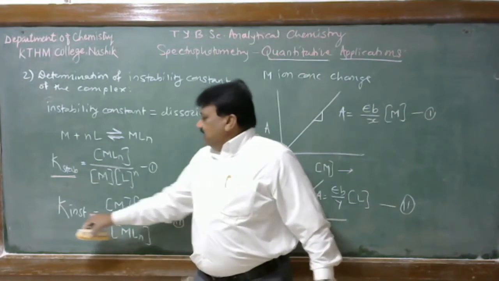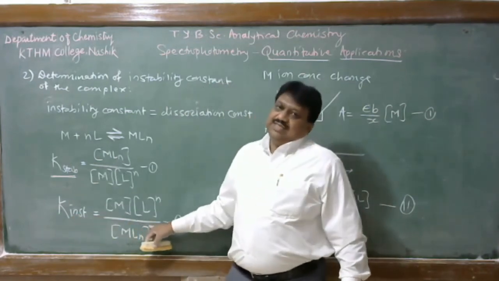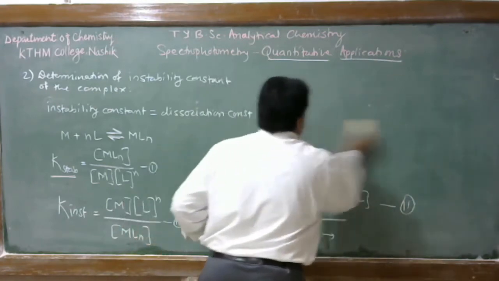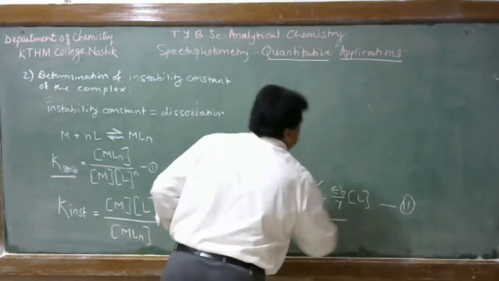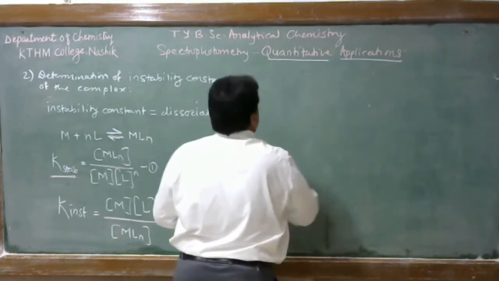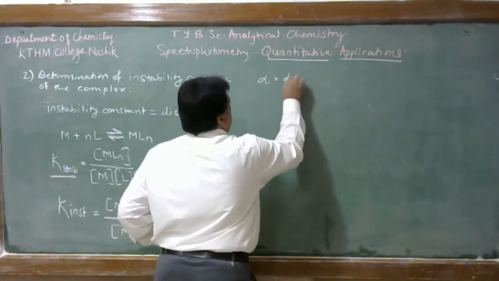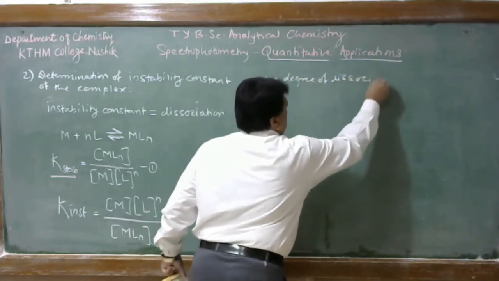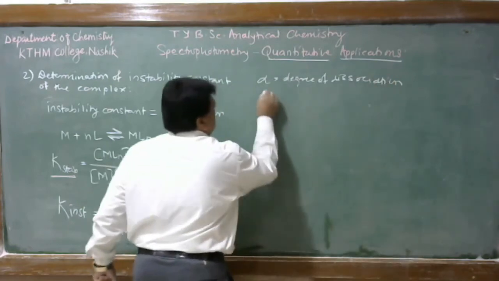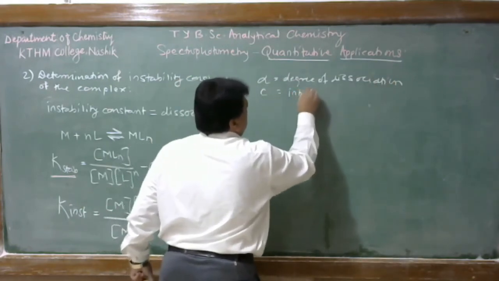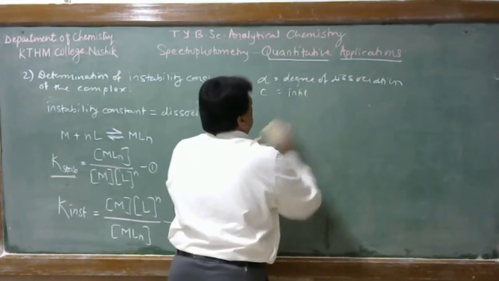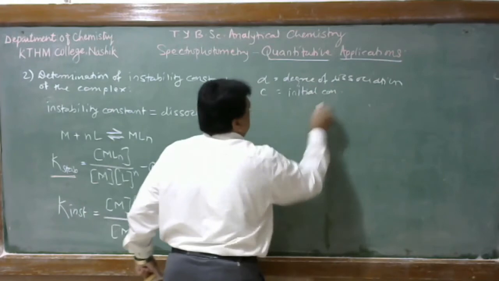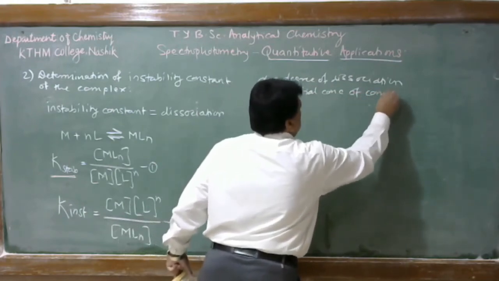Therefore, we can determine the instability constant of the complex by using this equation. Suppose, for example, alpha is the degree of dissociation of the complex, and C is the initial concentration of the complex.